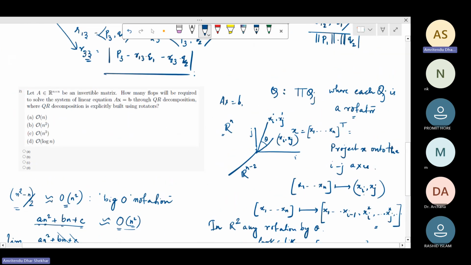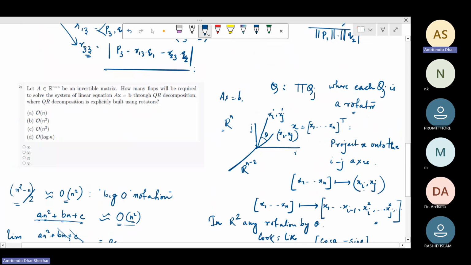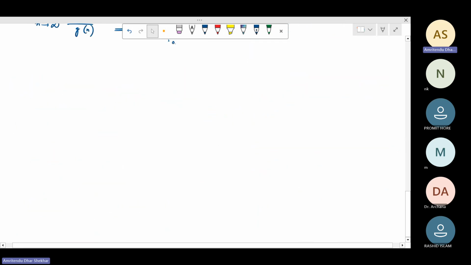All right. Let's go back to the second problem. So in the second problem, the matrix that we're looking at, A, the Q over here is constructed using rotators. So basically, I'm going to write A as a product of these rotators. One thing that we know is if you have any vector, not a matrix, just a vector x in Rn.